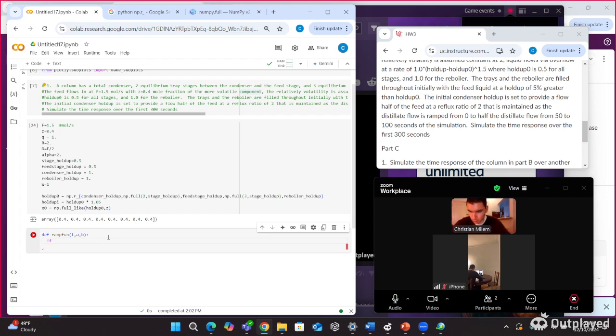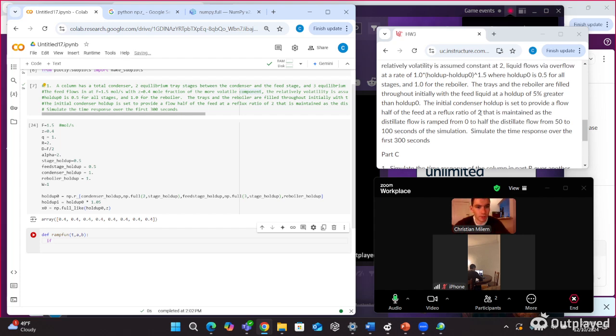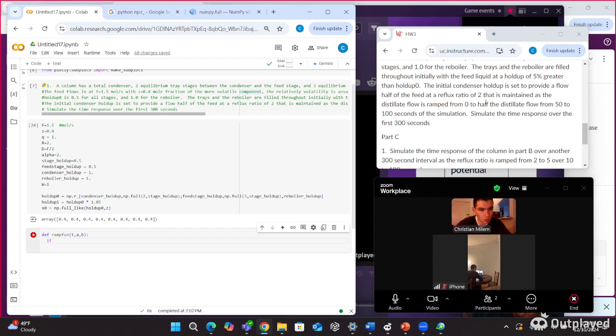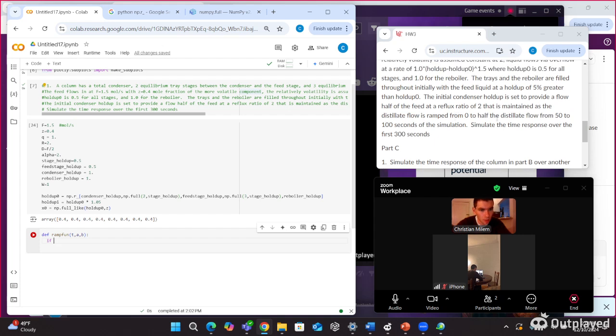So basically, it's ramp from, so anything below 0, the ramp is just going to be 0. And then those will be inputted as A and B. So if A is less than 0, then return 0.